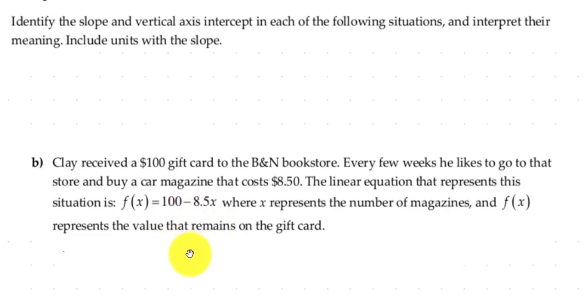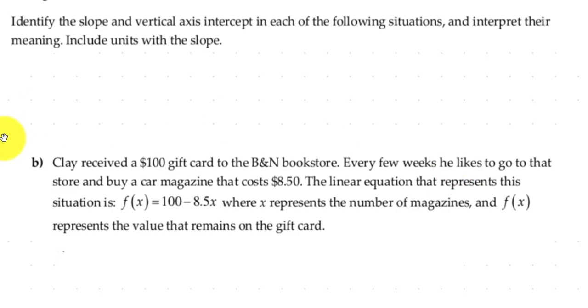It's like if you had a Starbucks gift card with 50 bucks on it. If coffee's $5, every time you buy a cup of coffee, the $50 will be reduced by 5. So in this case, he starts with the $100 and $8.50 comes off of the card every time he buys x number of magazines. So let's write this up.